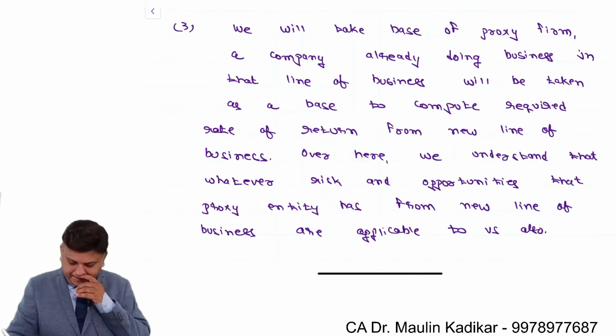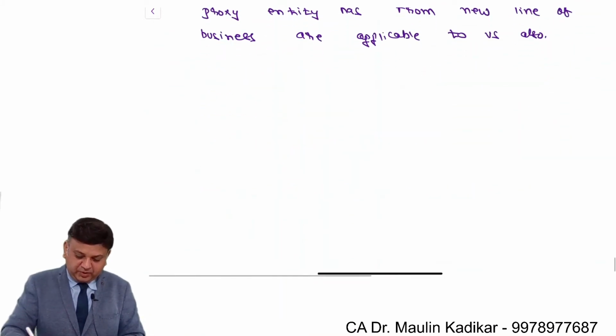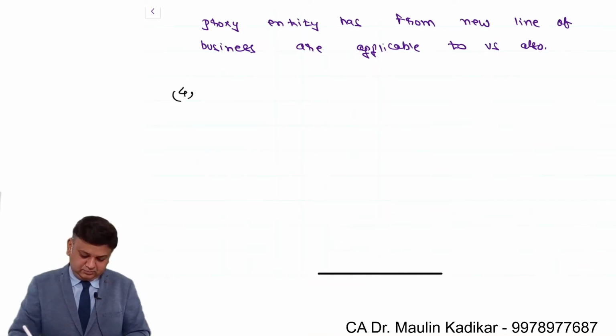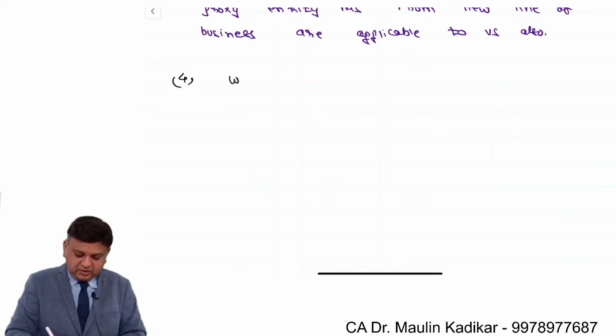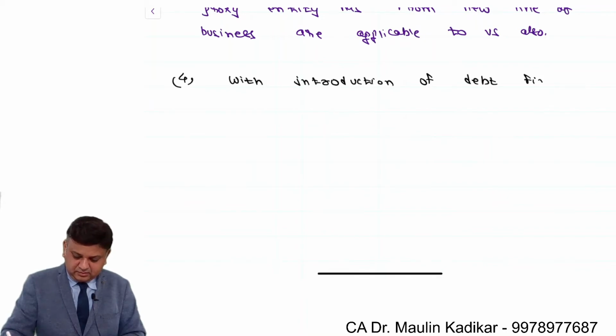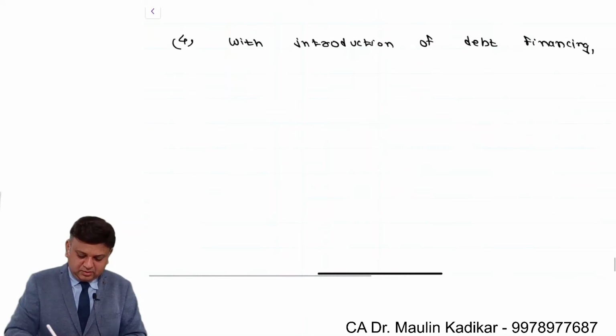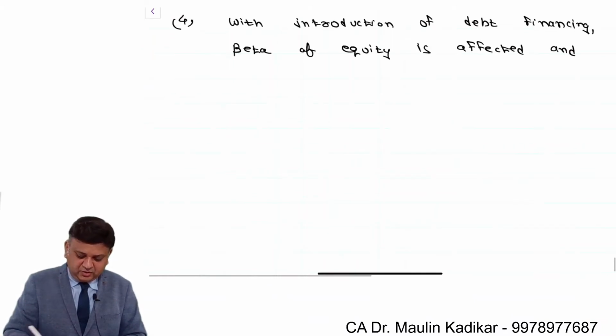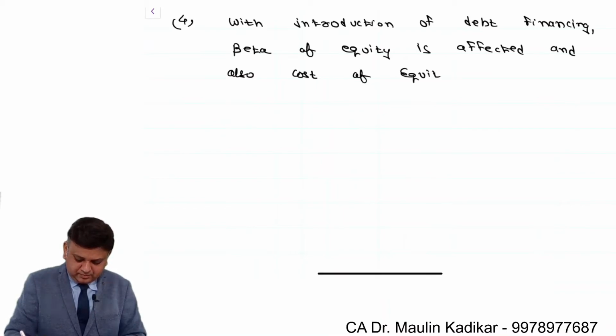Full stop. Fourth point, with the introduction of debt financing, comma, beta of equity is affected and also cost of equity. Full stop.